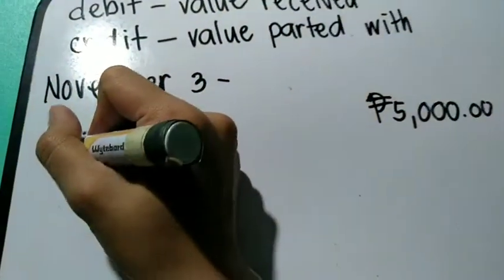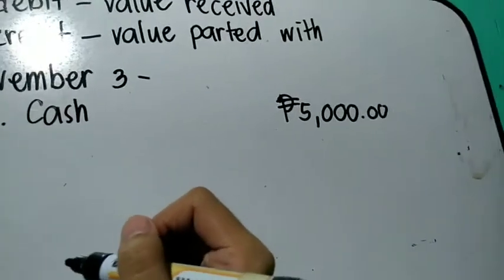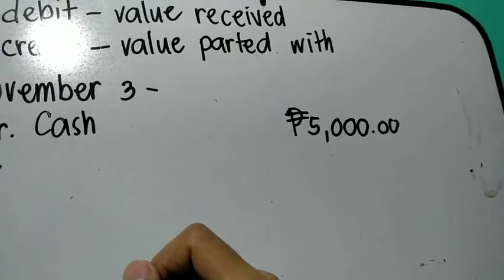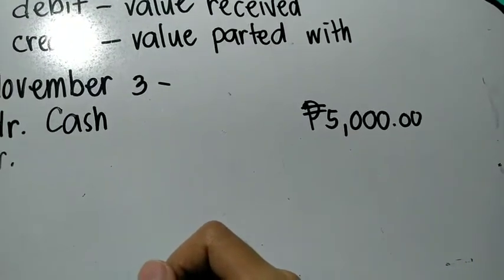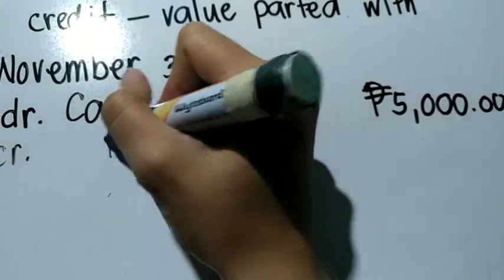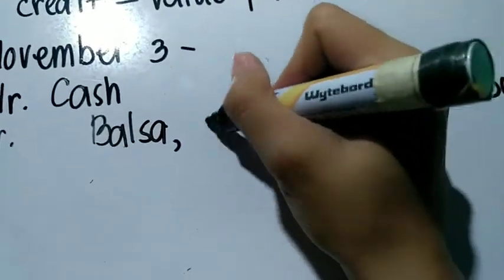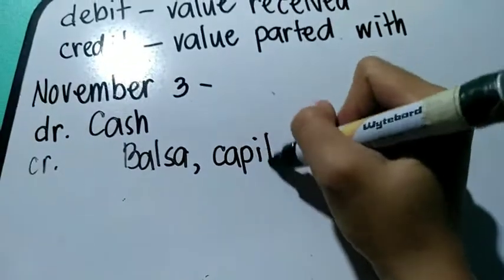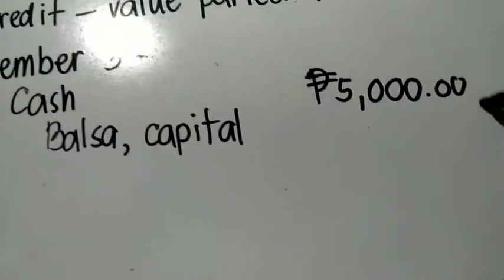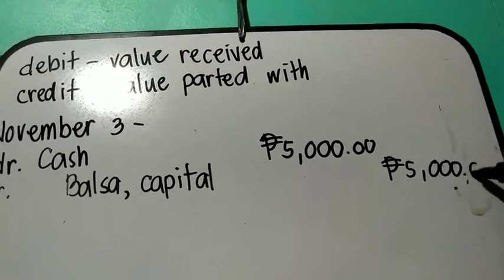Now you already have your debit. Now what's your credit? What's your value parted with? So of course, that's your capital. And take note that for capital, you have to write the last name of the owner. So that's Balsa, and then comma, the word capital, and how much? It's the same amount, 500,000 pesos.